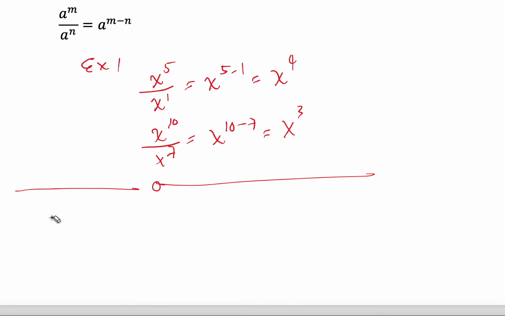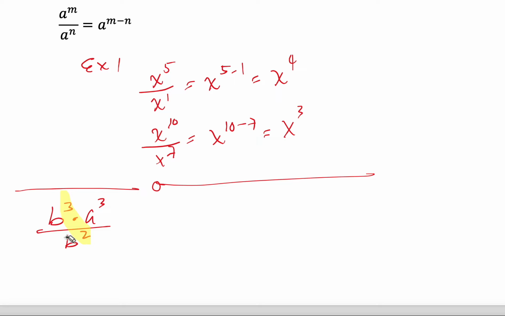What if you have, for example, b to the third times a to the third over b to the second? How would you simplify this? Well, I notice that I cannot add the exponents of the b and the a because these have different bases. This is b and that's an a. But I can make these interact.